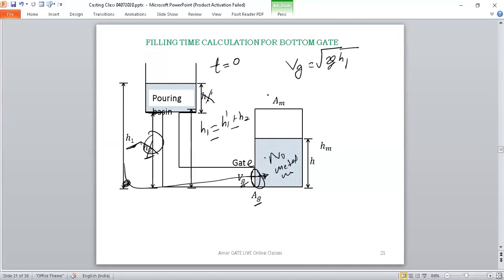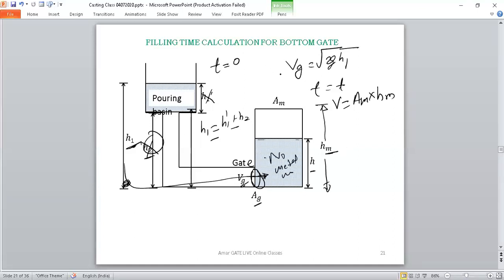Now when time passes, when time is equal to t, some amount has been filled. Suppose h is the height of the molten metal, and Hm is the mold height, the total height, where the volume of the mold is Am into Hm.